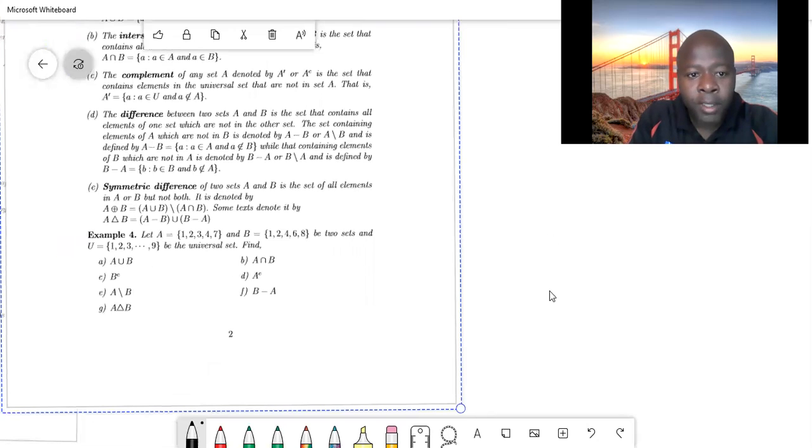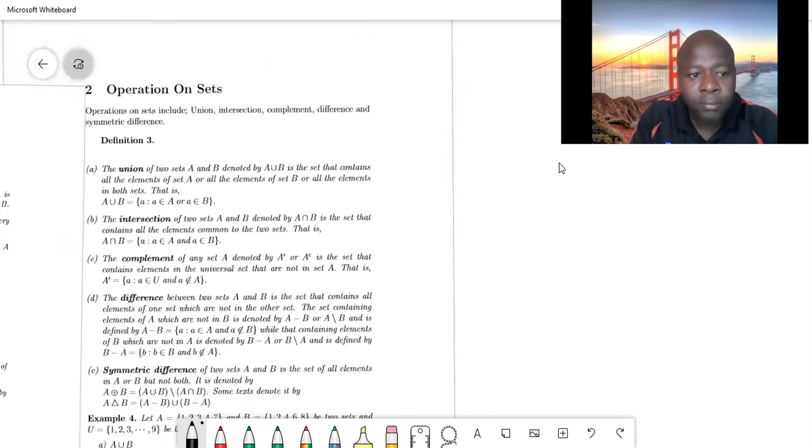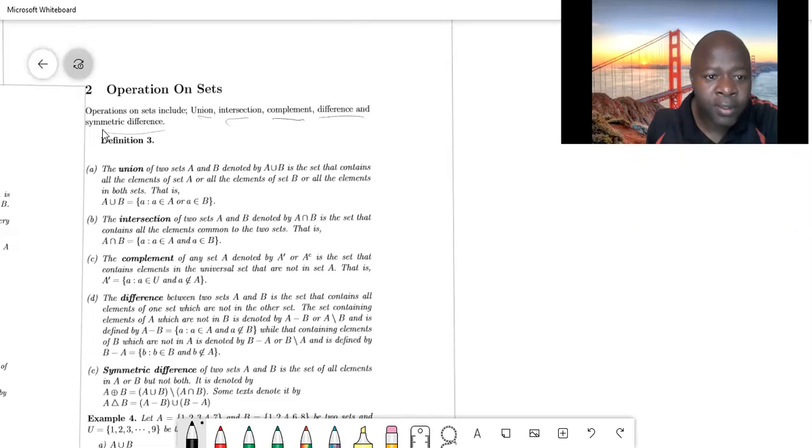What do I mean by operations on sets? I mean the union, intersection, complement, difference, and symmetric difference. These are the operations of sets I'll be looking at. So I'll just define them, and then we take an example.